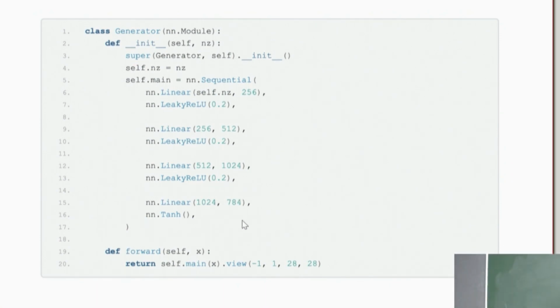We can check that. And so that is the output. The generator should ideally produce the same size as the real data size. The real data size was MNIST 28 by 28. So finally we tell the generator to produce an image of the same size, 784, followed by Tanh activation.